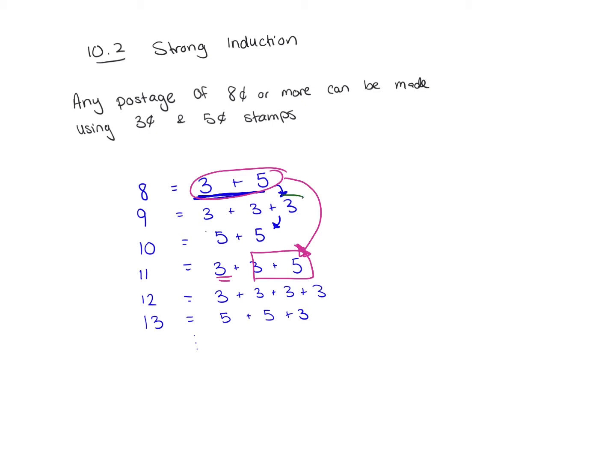If I know how to make 9 cents, then I should be able to get to 12 because again, I can use that initial 9 plus a 3. And if I know how to make 10, then I can get to 13 because I have that initial 10 plus that 3. So once I have a certain amount of postage, I can always go 3 more than that.